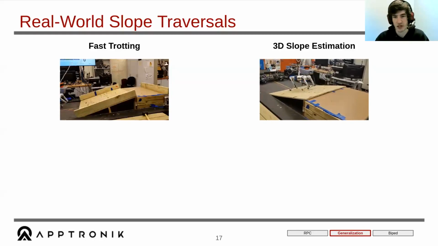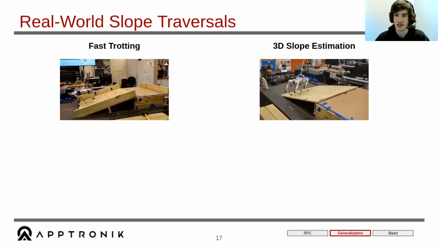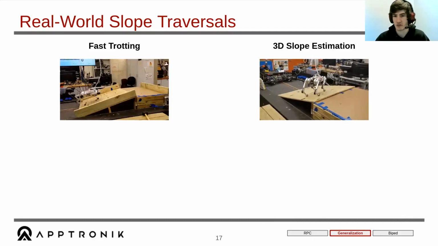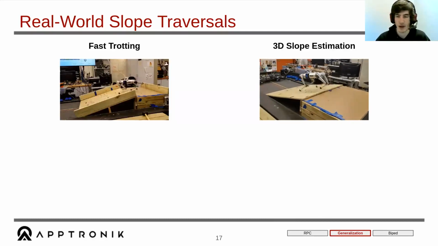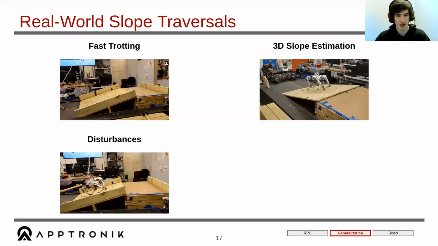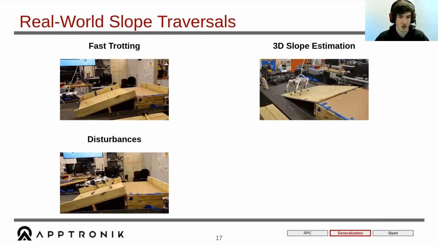It's also important to note that it's not only in one direction, you're estimating the slope in 3D. So as the robot's turning on the slope, it's able to know if it should put its foot higher or lower, no matter if it's turning or walking forward or walking sideways. It's also able to do this even during disturbances.